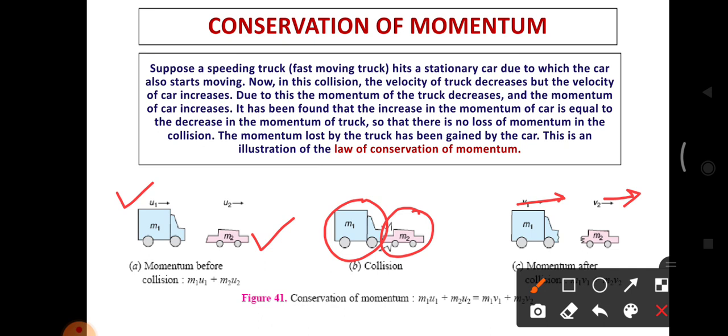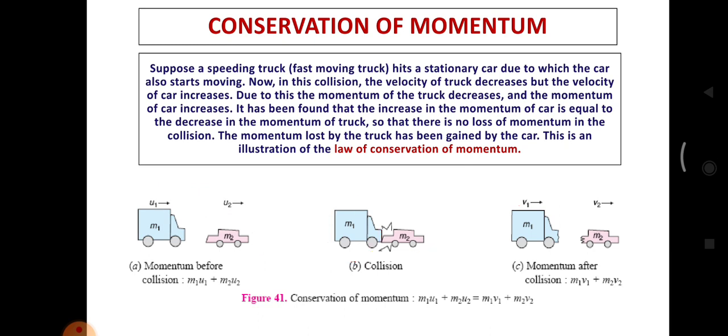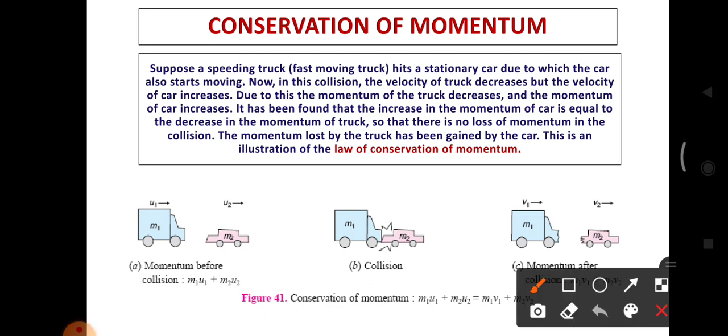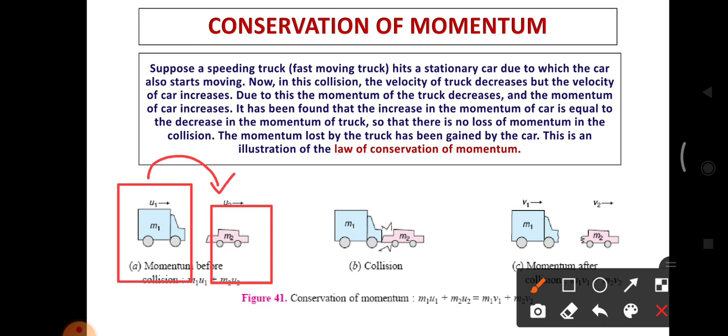Now in this collision, the velocity of the truck decreases, but the velocity of the car increases, because here the truck hits the car. So the velocity of the truck decreases, the velocity of the car increases.